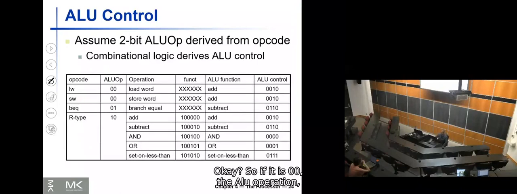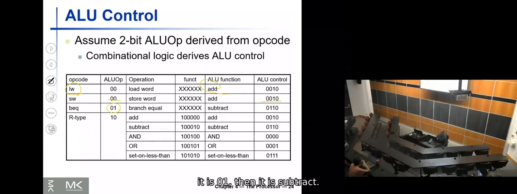If it is 00, the ALU operation for load is add. If it is store, again it is 00 because it should add. If it is branch, it is 01, then it is subtract. But if it is R-type, then we have to look at the function code also.